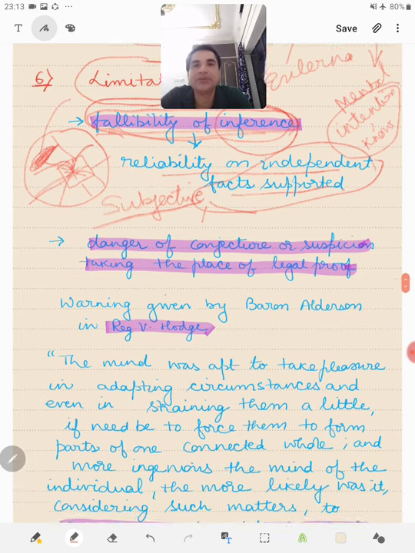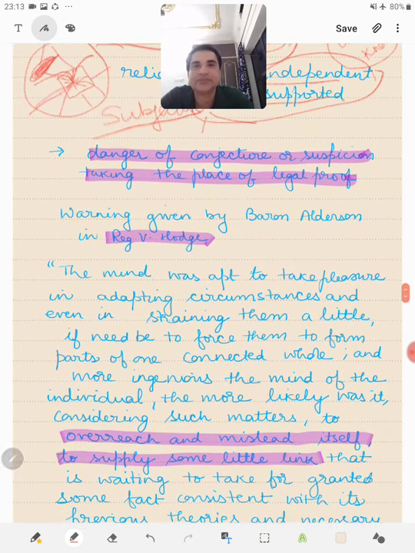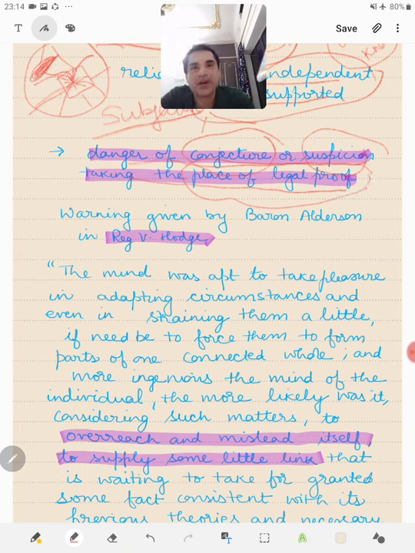Now, another problem is the danger of conjecture or suspicion taking the place of legal proof. That is, the suspicion, the conjectures, the preconceived notions will take the place of legal proof if proper principles are not applied while evaluating the circumstantial evidence.